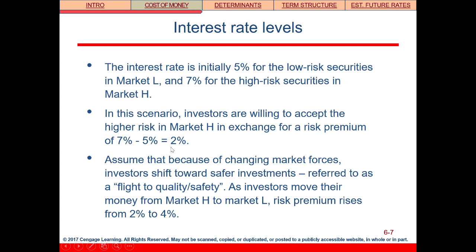Assume that because of changing market forces, investors shift towards safer investments, referred to as flight to quality or safety. As investors move their money from market H to market L, the risk premium rises from 2% to 4%, and this 4% is the difference between the 8% and the 4%.